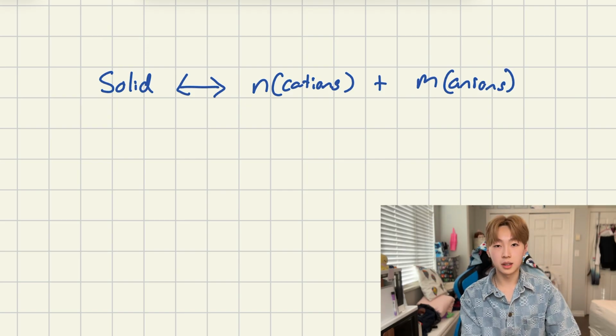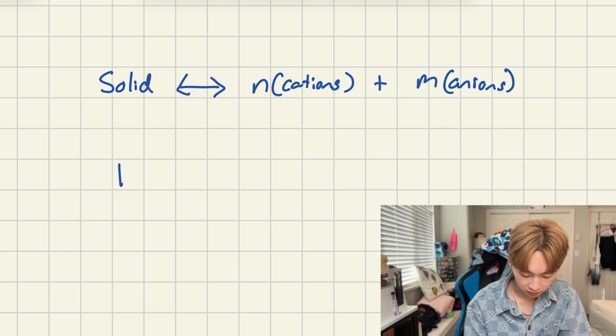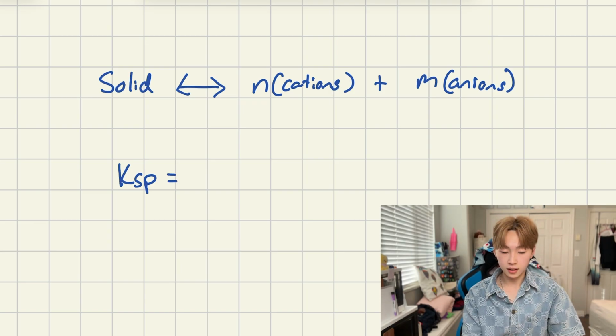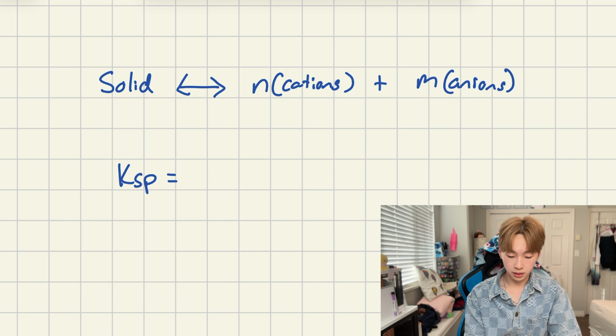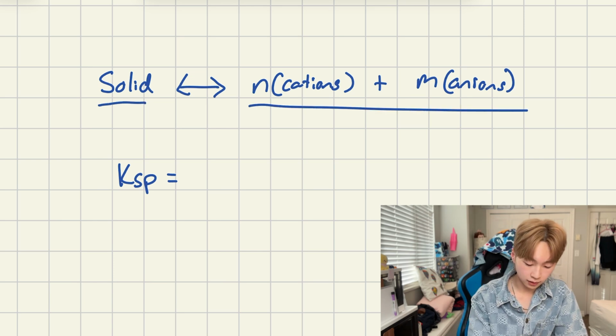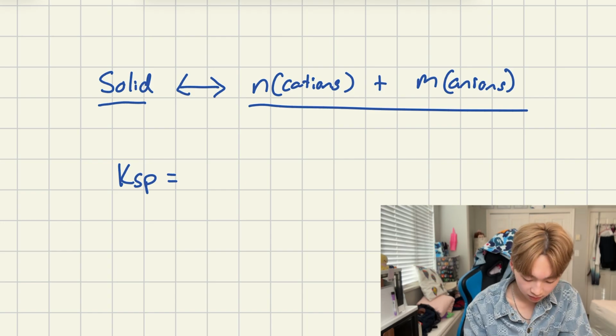And similar to how we had an equilibrium constant, this time we have a solubility constant called Ksp. And before, in Keq, this was equal to your products over your reactants. But in Ksp, our reactants are solid, so they are not considered.